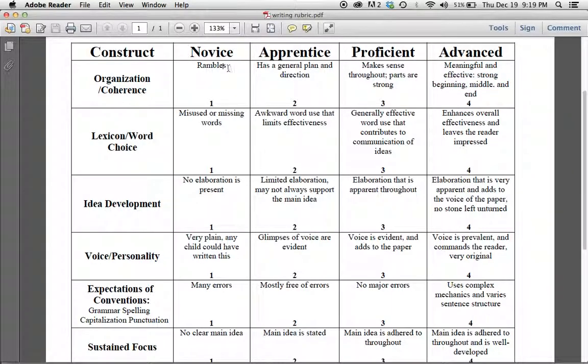So on this end, a person would ramble, really not make connections as they're going from one paragraph to the next, that it doesn't necessarily flow smooth, to more of an advanced paper to where the paper is meaningful, staying on topic, it has a strong beginning, middle, and end.